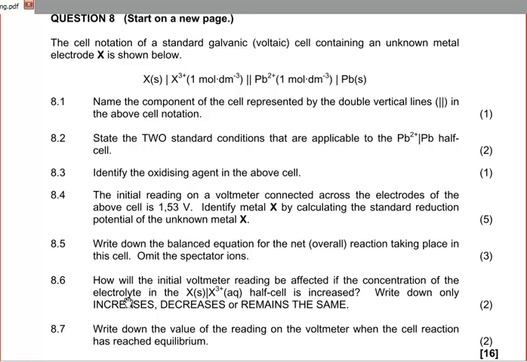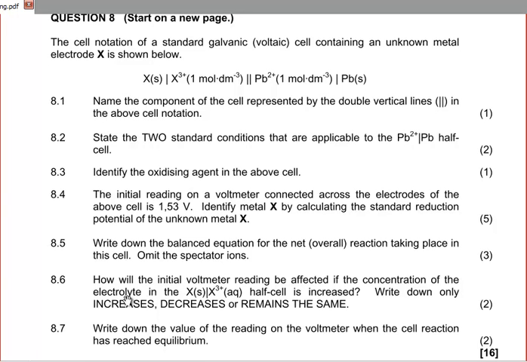Therefore, the electric potential of our cell itself is going to be equal to 0. So our answer there for 8.7, our voltage itself, is going to be equal to 0, right?